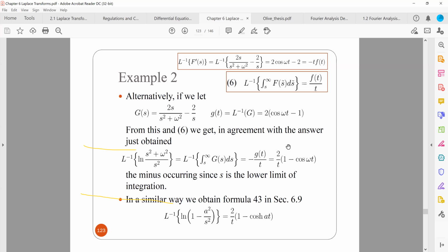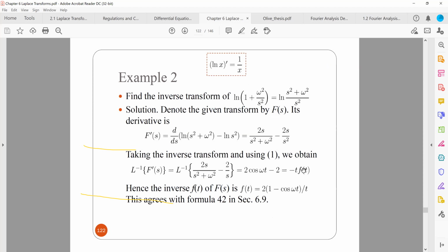Now you have got your simplified f. The first task is to get the simplified f. After getting the f, as you know, the derivative of the Laplace transform is equal to the negative of the Laplace transform of t times the function.